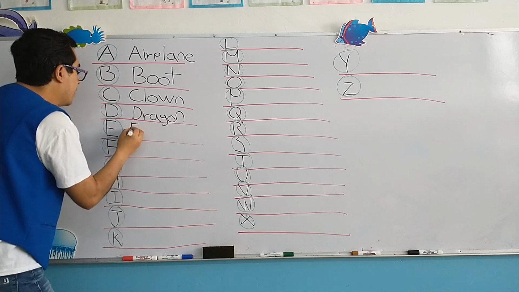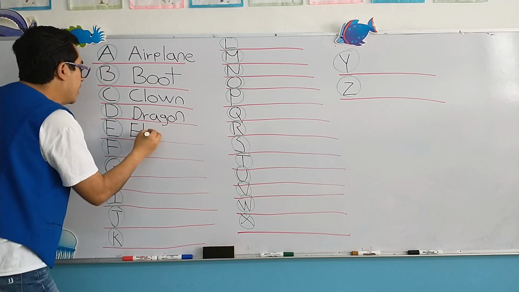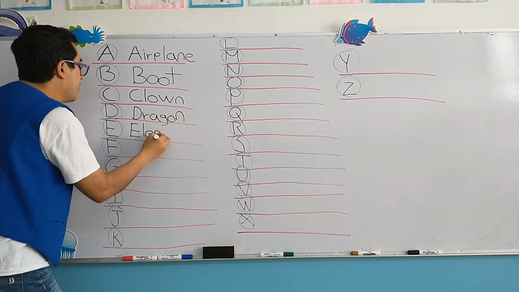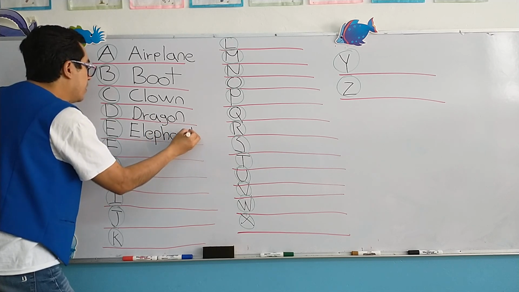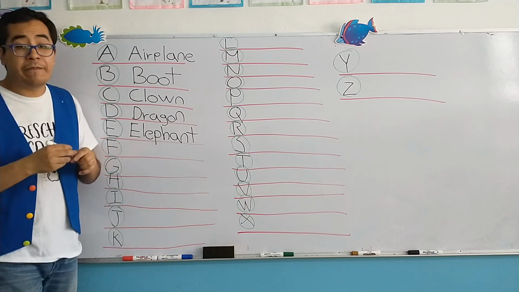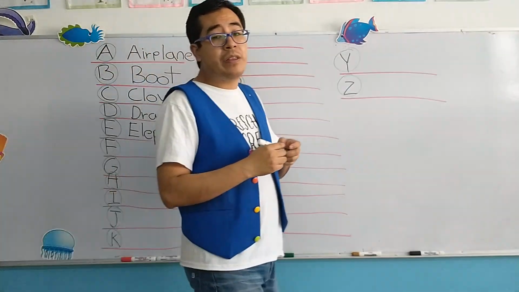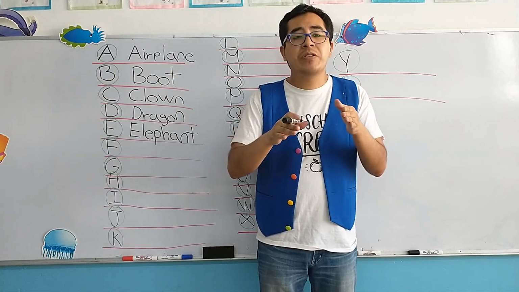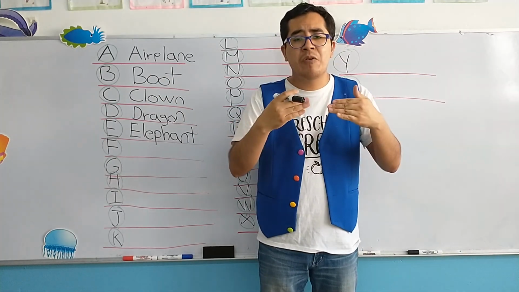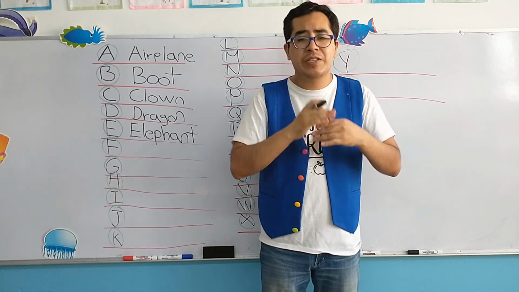Capital E, L, E, P, H, A, N, and T. Elephant. Now remember, the teacher Jacob is writing this a little bit faster, but don't worry because this is a video, you can pause it at any time.